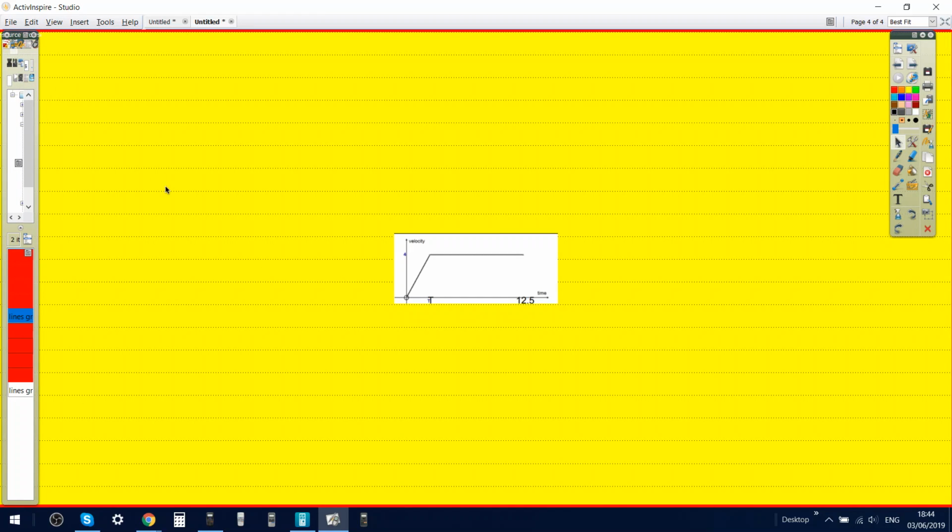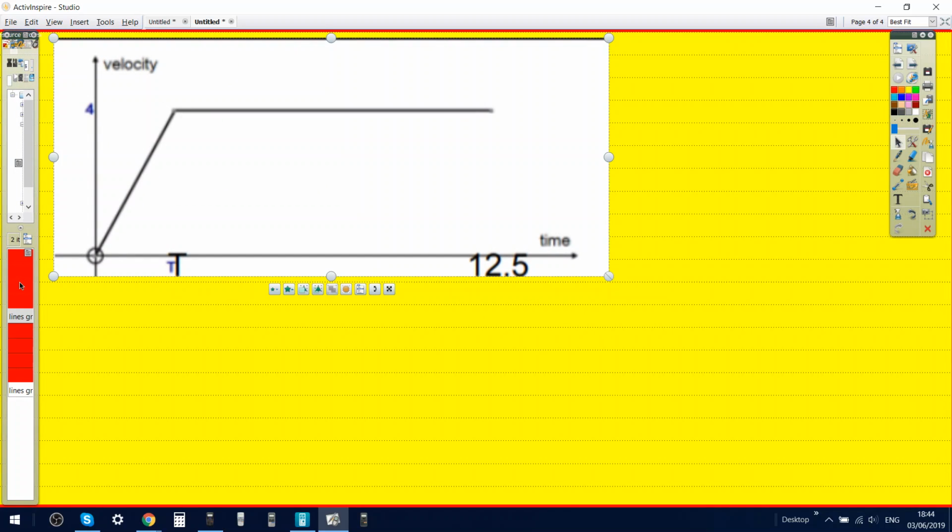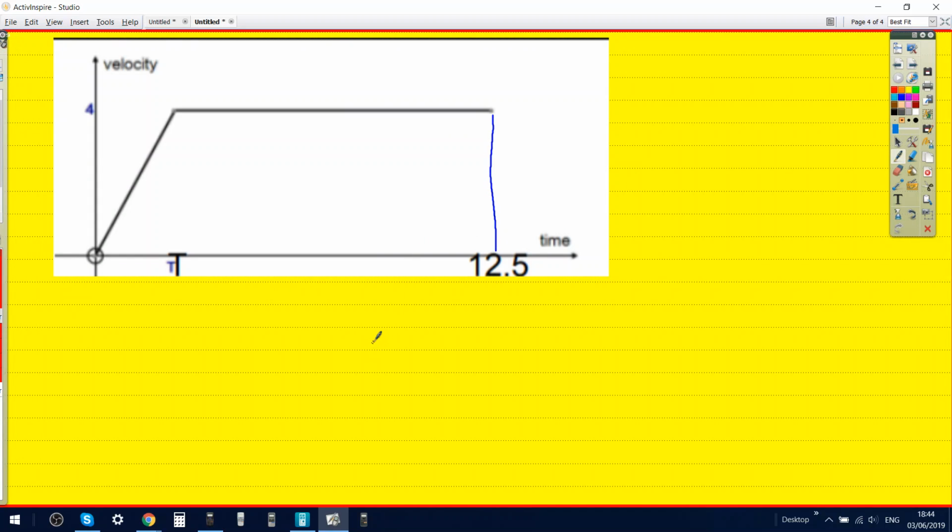So like literally just find the area under the graph. So the area under the graph is 50, in terms of t. It would be half times 4 times 12.5 plus 12.5 minus t.